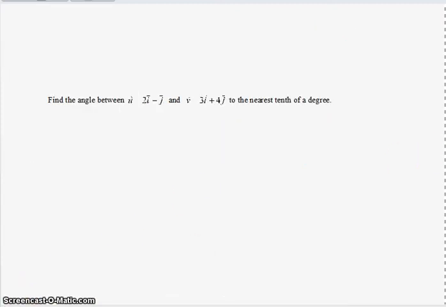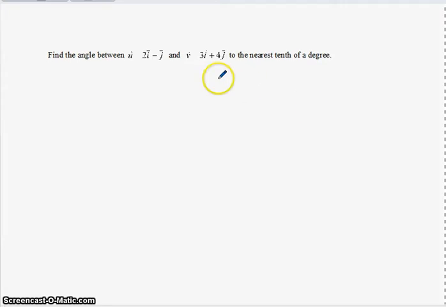Okay, let's look at another one here. Find the angle between 2i minus j and 3i plus 4j. Okay, let's draw this first, because maybe you're not used to seeing vectors so much.